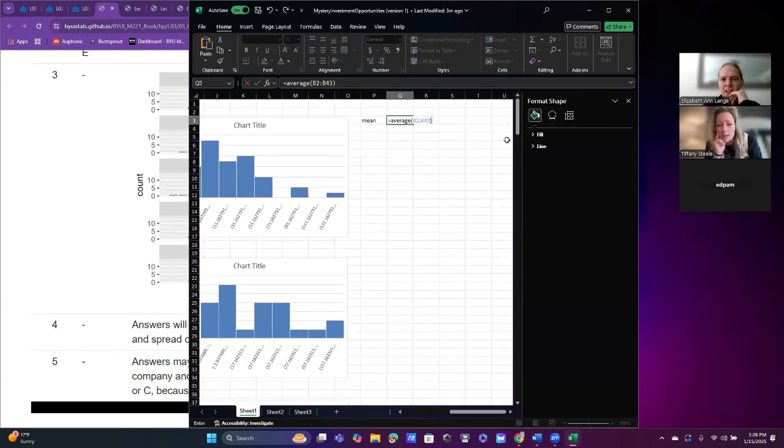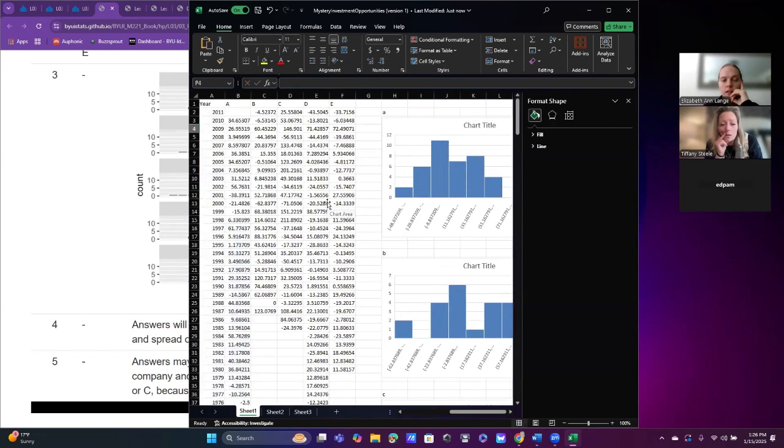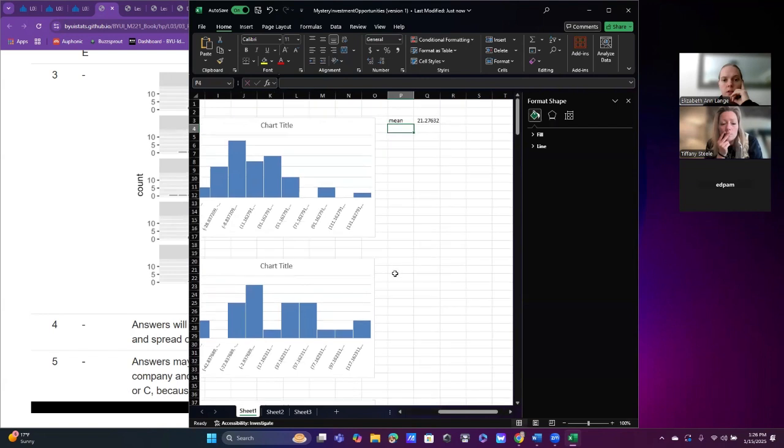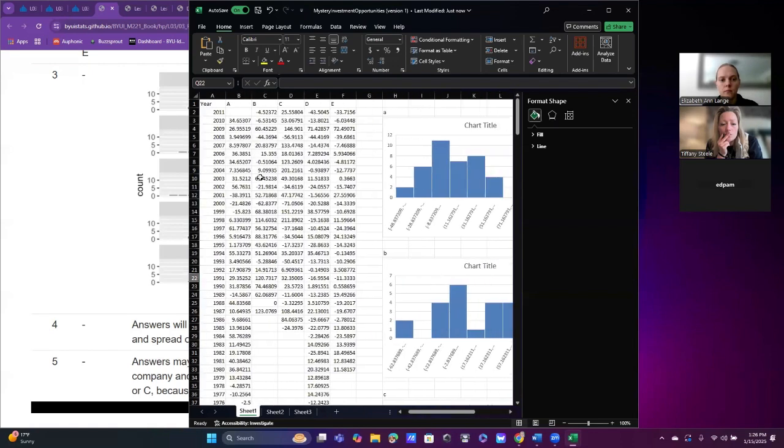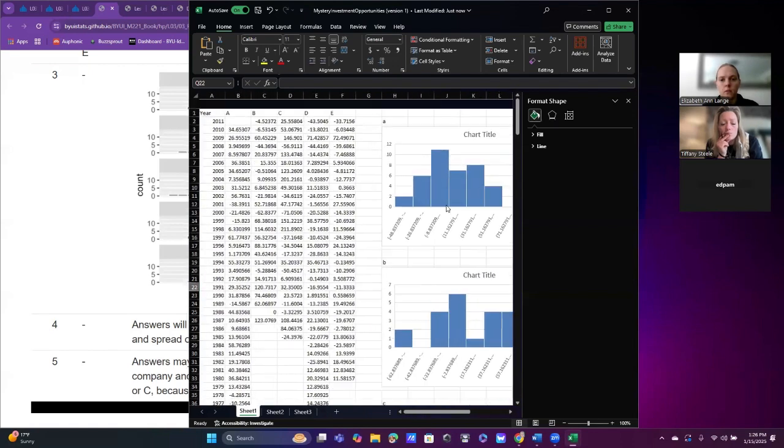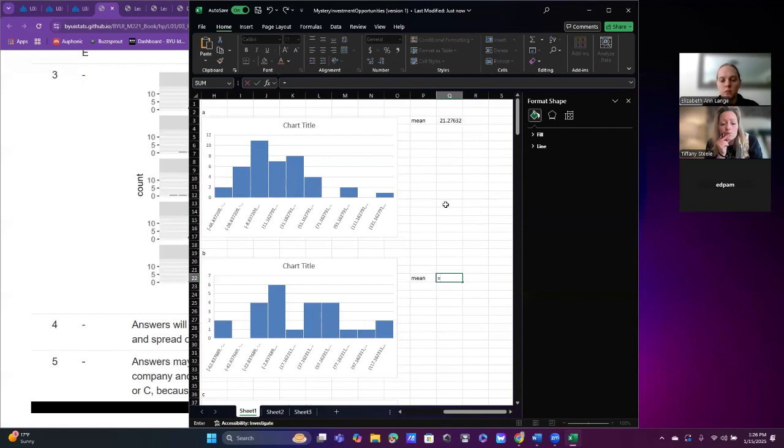I mean, it's just blank. I don't think it would. That's why I included it. So the mean is 21 for that one. And then this is company B. Oh, whoops, I should probably do equals.